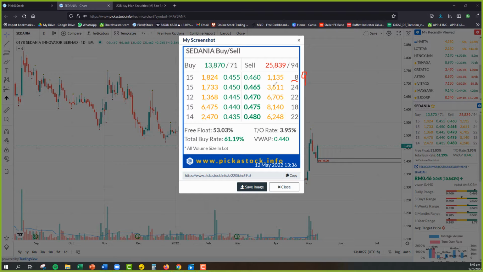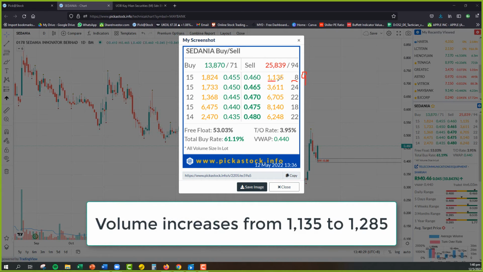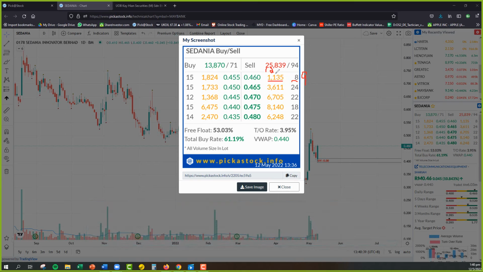And then the total volume of this particular yellow number here would become 1135 plus 150, which is 1285. Pardon the lousy writing, but the point is that everyone in this particular market knows that there is one additional seller that comes in with a 150 lot sell order at 46 cents.